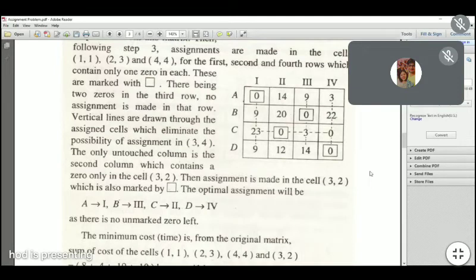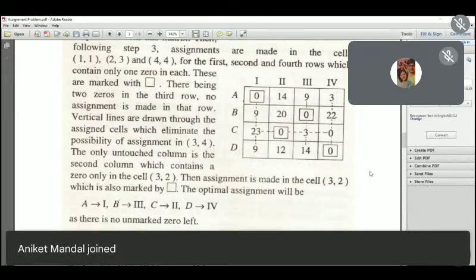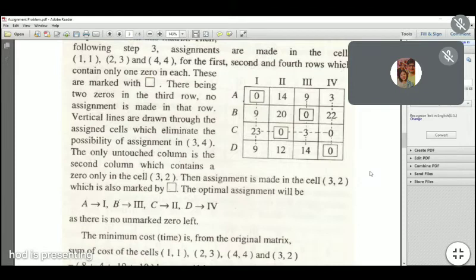No, there is no possibility, because the minimum number of lines drawn being equal to the order of the matrix ensures that each row and each column will have at least one zero. And if you do the assignments properly, at the end of the process you will get a 1-1 mapping. That guarantee is given by the minimum number of lines drawn being equal to the order of the matrix. Okay?